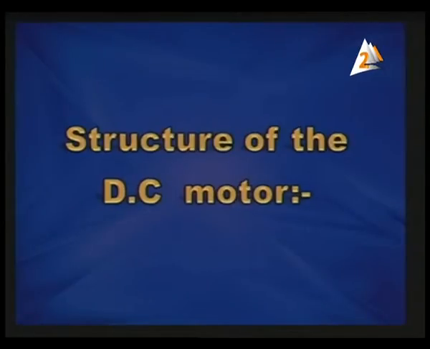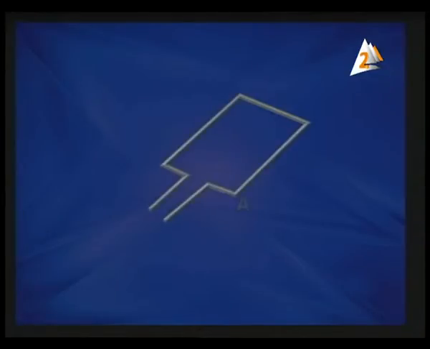And what about the structure of a simple DC motor? Of course, we've got a coil. And what about the coil? A coil made of fine insulated copper wire wound on a laminated soft iron core.